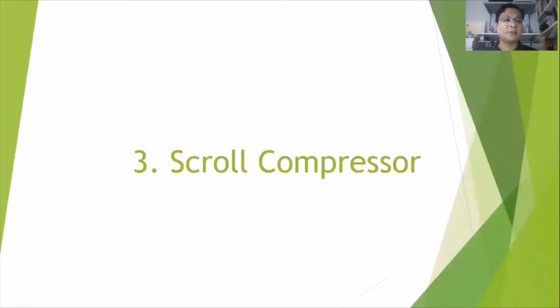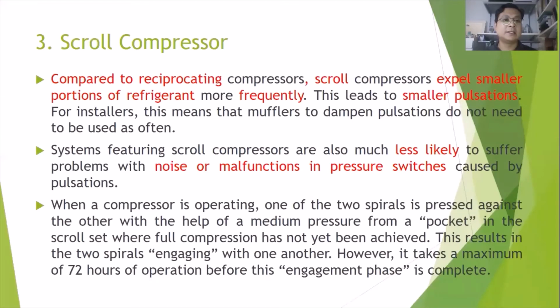Okay, now we go to the scroll compressor. Compared to a reciprocating compressor, a scroll compressor expels a smaller portion of refrigerant more frequently. This leads to smaller pulsation for installers. This means that mufflers to dampen pulsation do not need to be used as often.